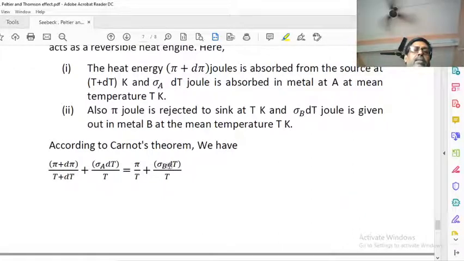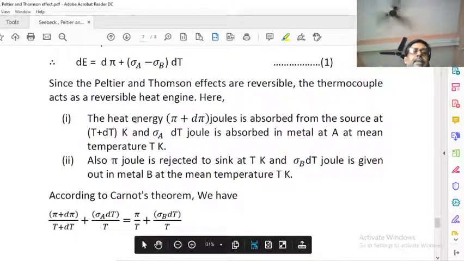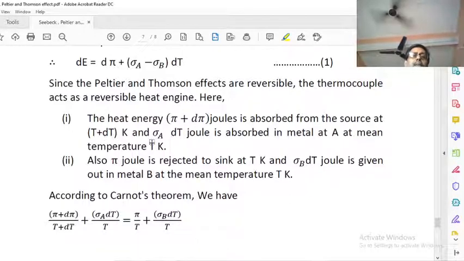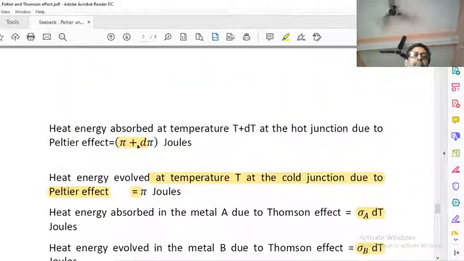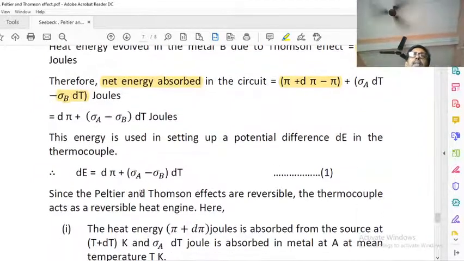Now, the heat energy absorbed from the source at T plus dT and sigma A dT. This one is the heat energy absorbed and this one is the evolved, and the temperature is given. Heat by temperature is called entropy.